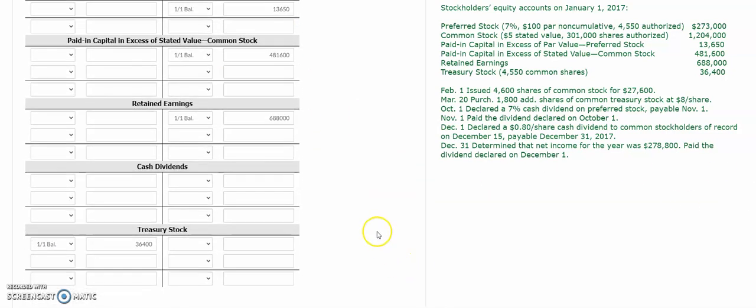We don't have any cash dividends so far, and our treasury stock is reported on the debit side because this is a contra equity account.